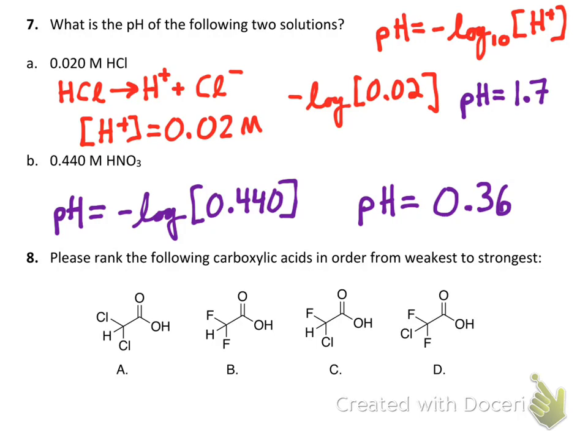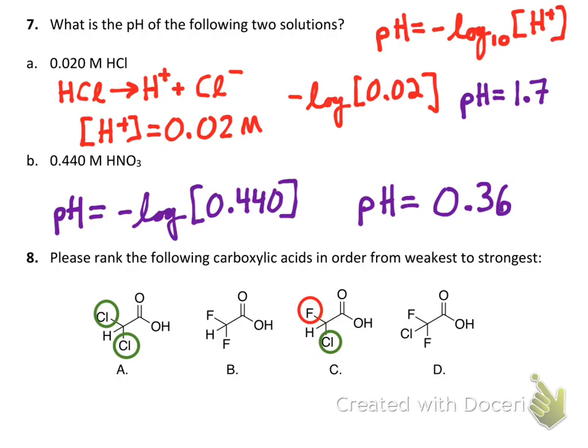On this first one, choice A, it's got 2 chlorines. And chlorines are pretty electronegative. But what's more electronegative than chlorine? Well, choice C has 1 chlorine and 1 fluorine. So there's overall a more significant electronegativity disparity in molecule C.